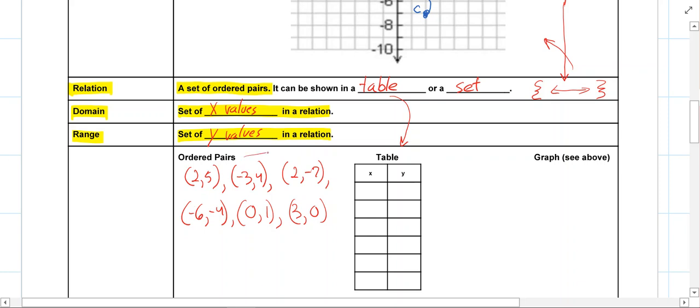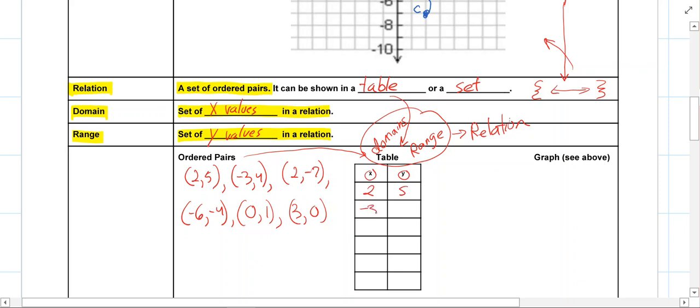Now I'm going to shift my ordered pairs into a table. So I'll start with the first one, 2, 5. You notice that my table has x's and y's. The x's, if you remember, our vocabulary word, are the domains. And the y's, the vocabulary word that we learned, is the range. And together, this is called a relation. Okay, so we go down here, we fill them in. 2, 5 would be our first one. 2 is the x, 5 is the y.